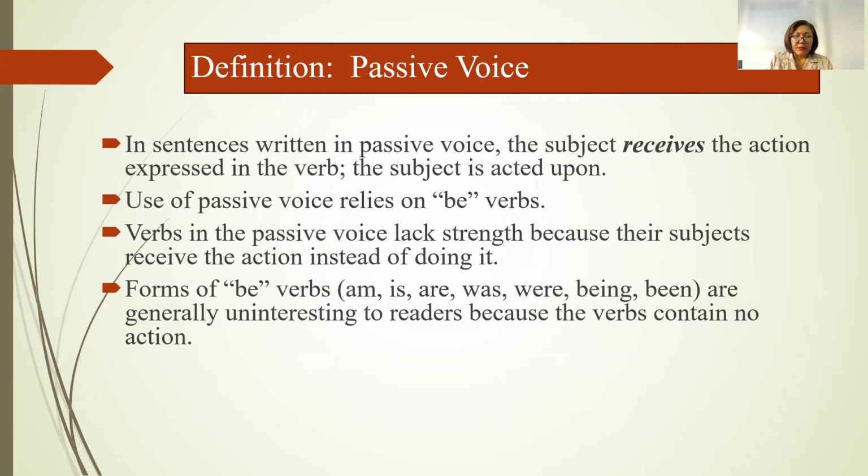So the next topic is about passive voice. In sentences written in passive voice, the subject receives the action expressed in the verb. And we always use the auxiliary verb to be in the sentences.